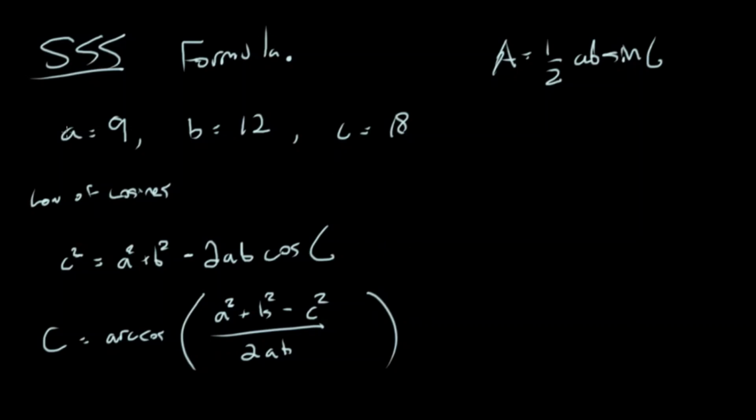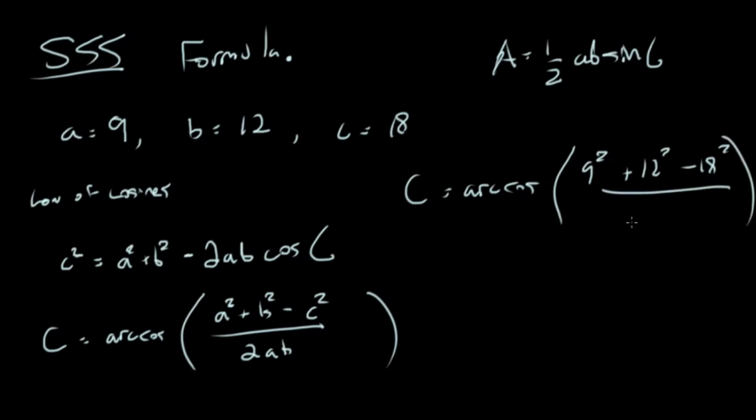And when you plug in 9, 12, and 18, C is equal to the arc cosine of 9 squared plus 12 squared minus 18 squared all over 2 times 9 times 12, and that is, plugging that into a calculator.